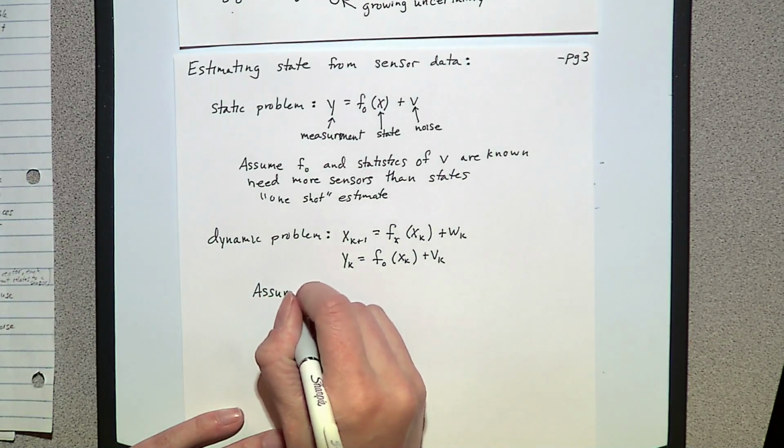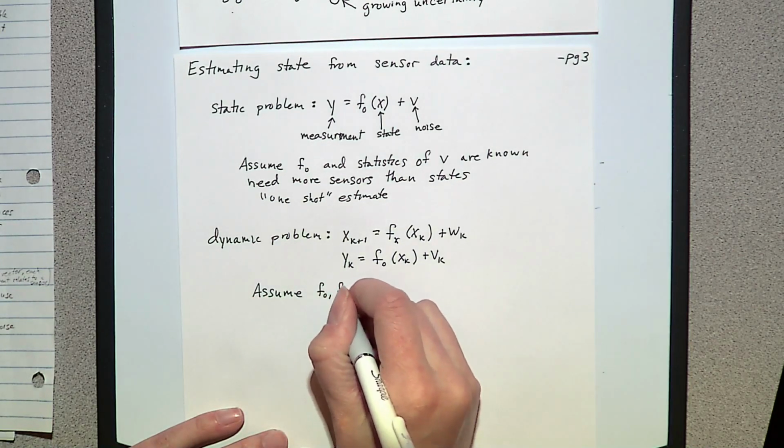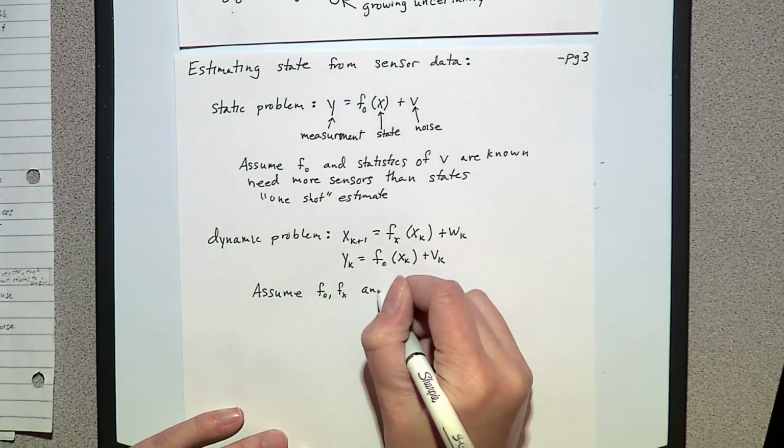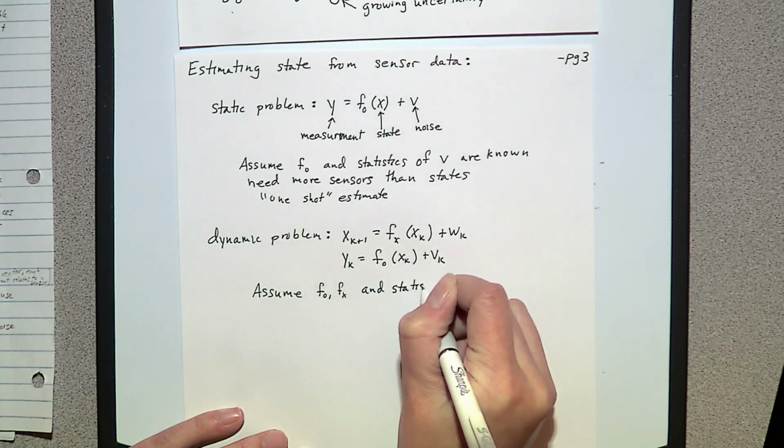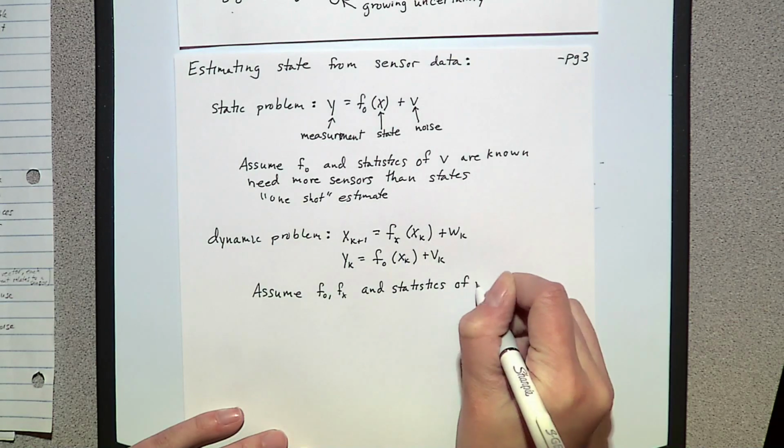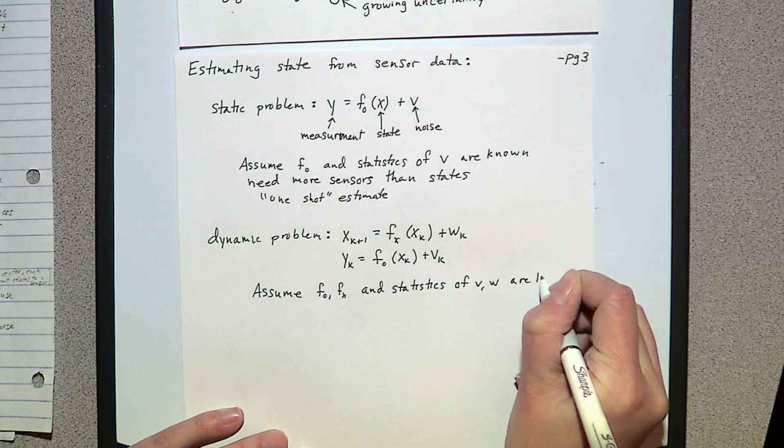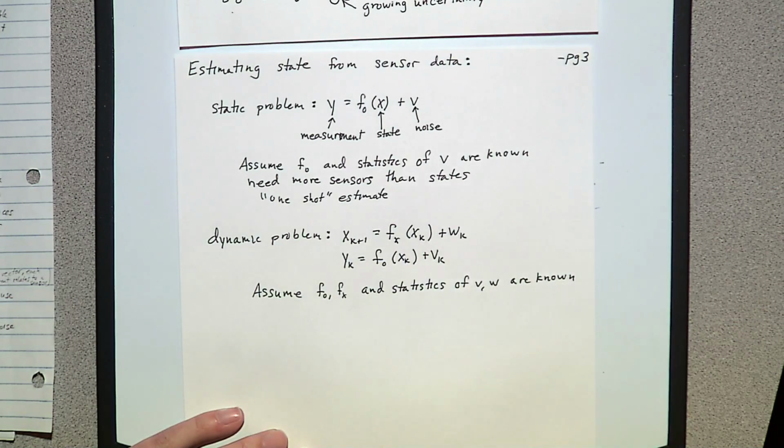So we'll assume F0, Fx, and our statistics of V and W are known.